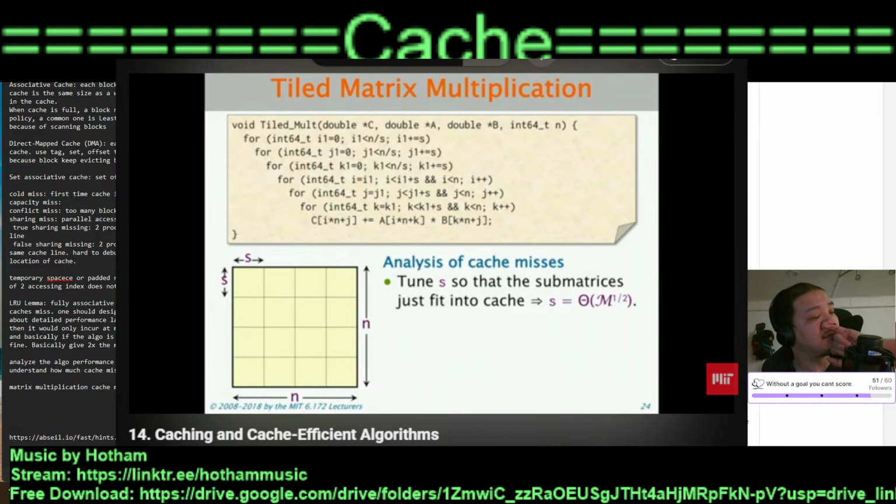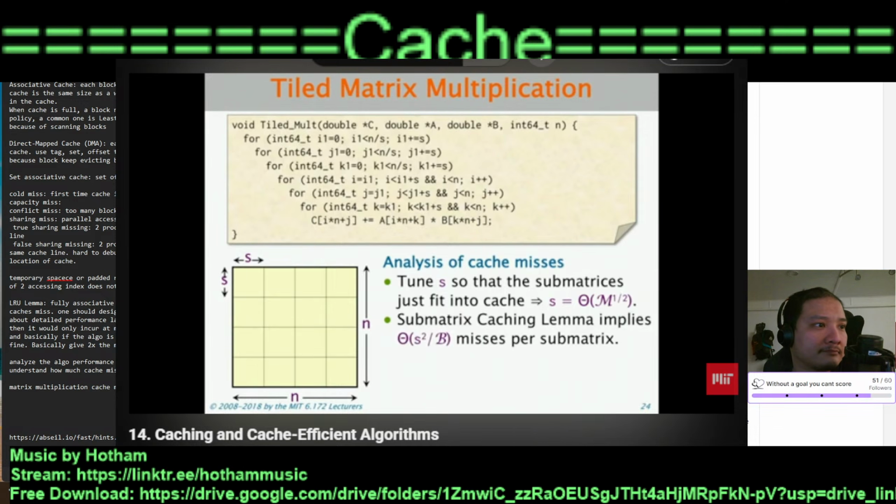So we're going to set S equal to theta of square root of M. We actually need to make this like 1/3 square root of M because we need to fit 3 submatrices in the cache, but it's going to be some constant times square root of M. The submatrix caching lemma implies that for each submatrix, we're going to need S squared over B misses to load it in. And once we load it into cache, it fits entirely into cache, so we can do all of our computations within cache and not incur any more cache misses.